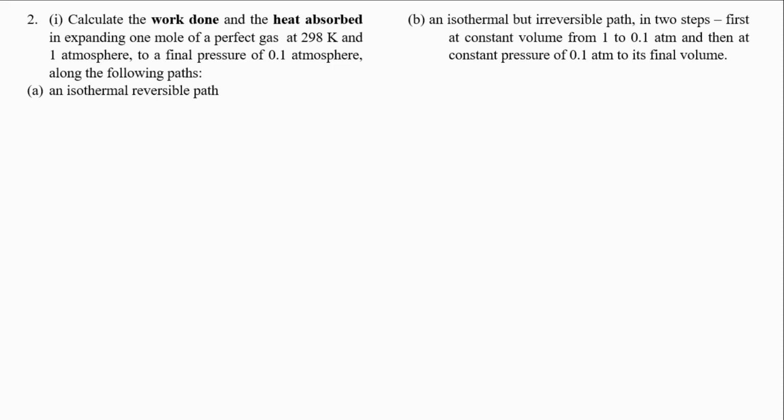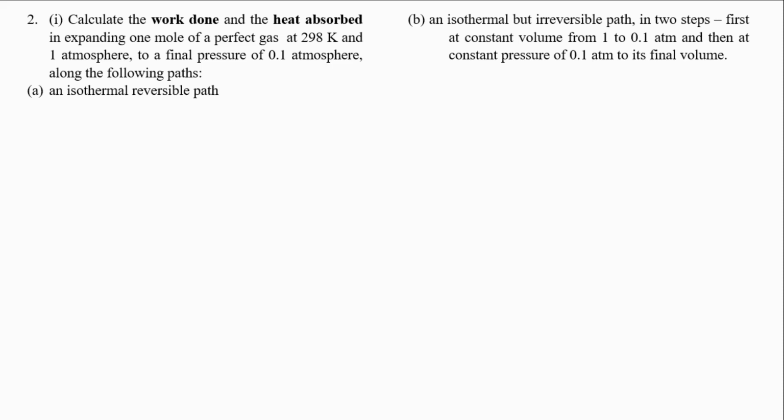What I can say from the beginning is that a reversible process is one that is at equilibrium at every stage or at every step. Whereas an irreversible process is one that is at equilibrium only at the beginning and at the end, or only at the first and the last step.